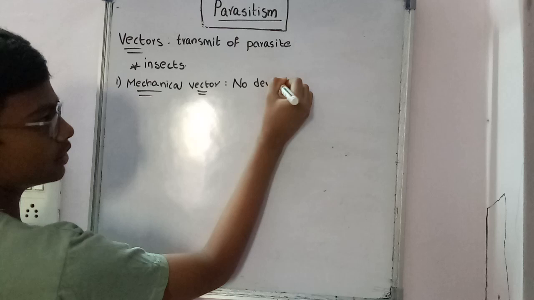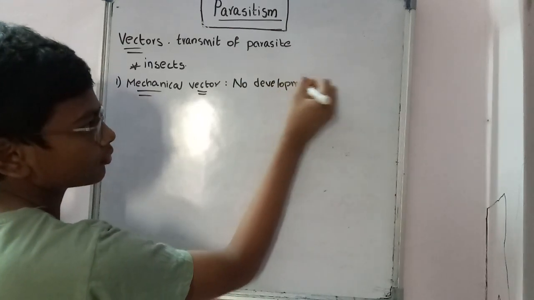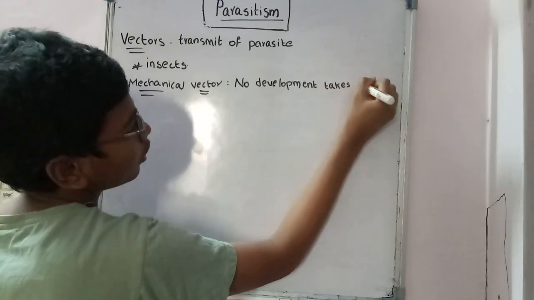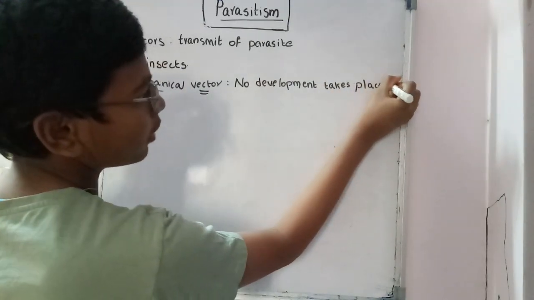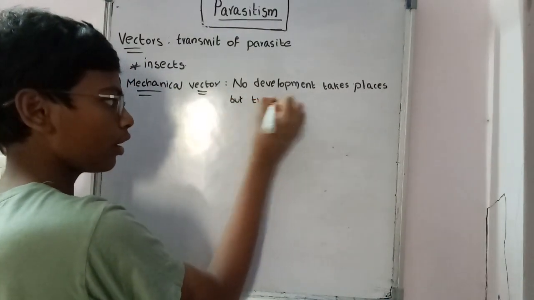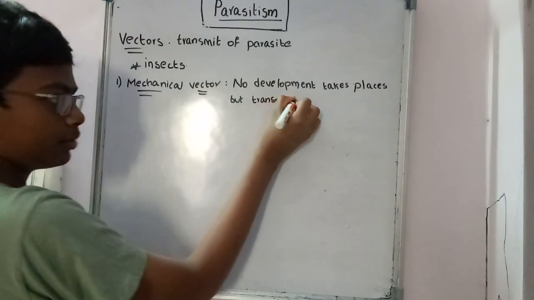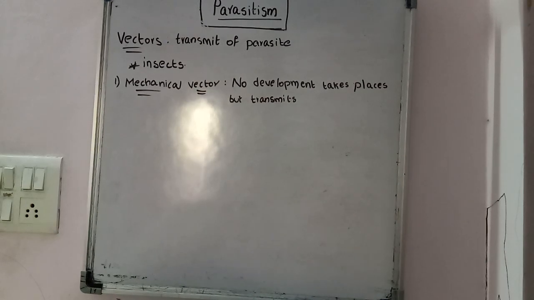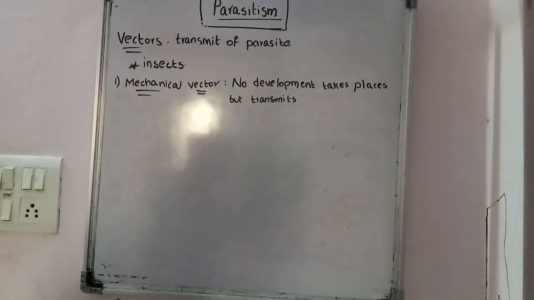No development takes place in this vector, but it transmits. This is called a mechanical vector, and it is also called a paratenic host.